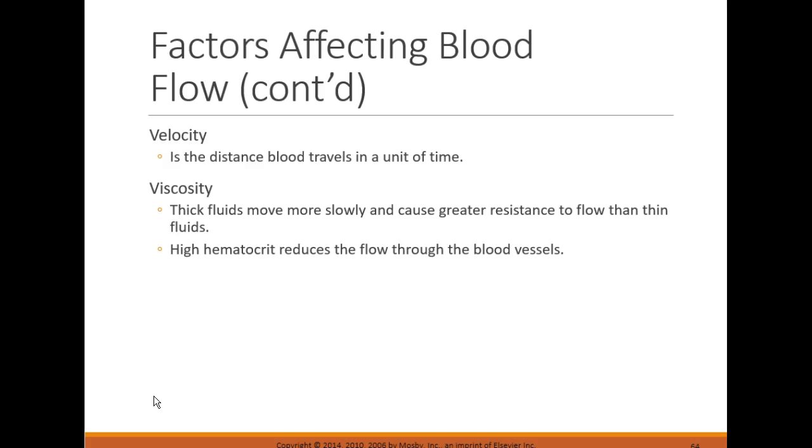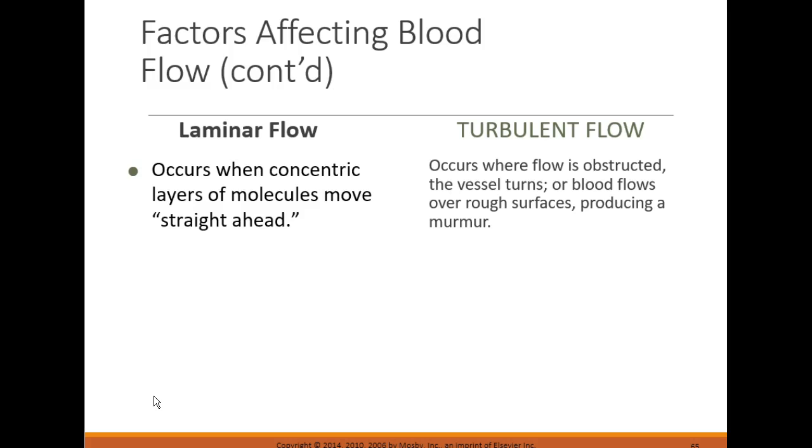Then talking about the viscosity of the blood, so that thick blood moves slower. You think about those people that are polycythemic and how they have basically sludging of the blood vessels, especially in the tiny capillaries. You have laminar flow versus turbulent flow.